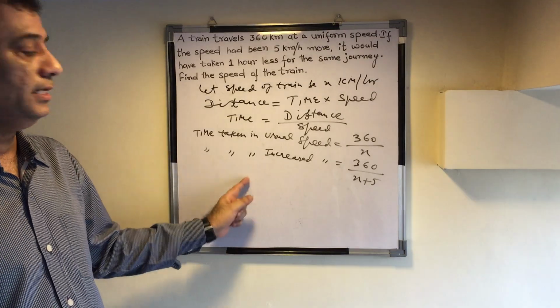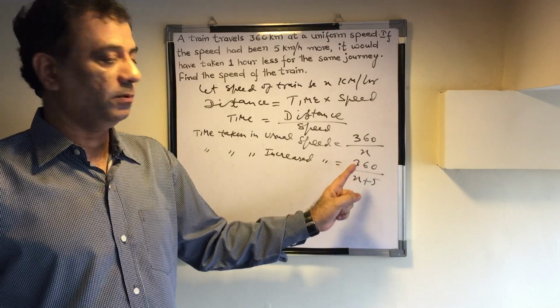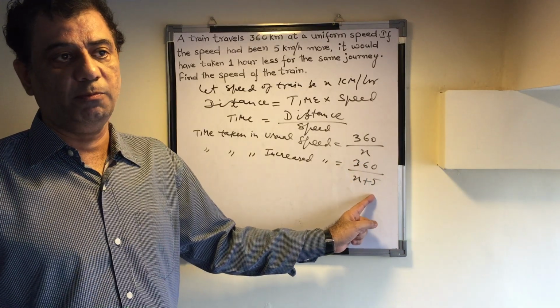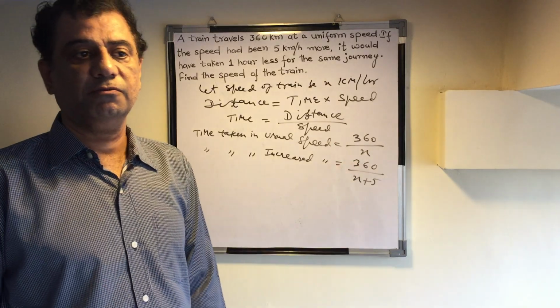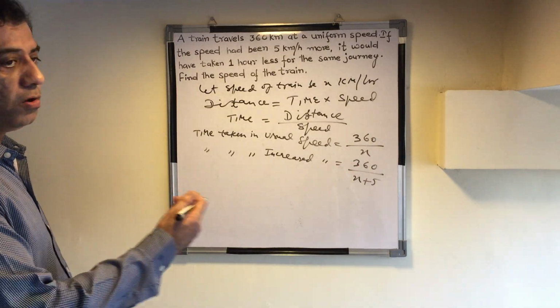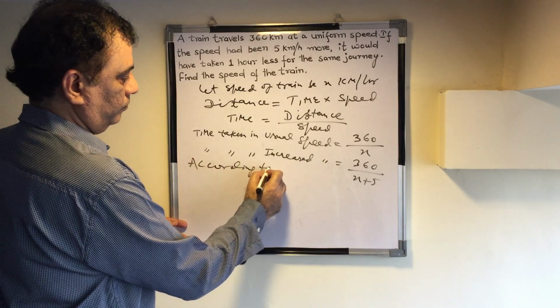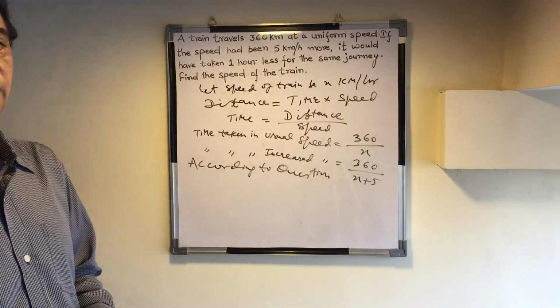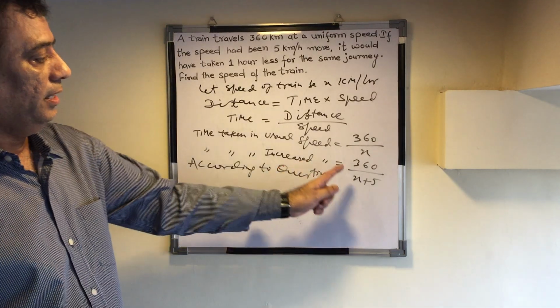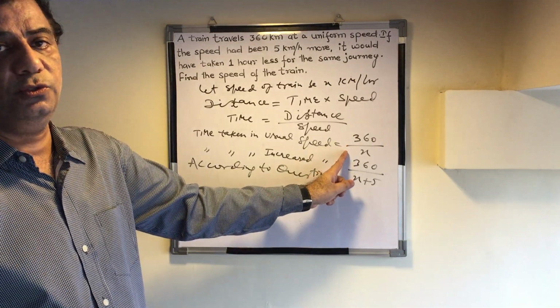This is the time taken in increased speed, that is distance upon speed plus 5 km/h, since the speed is increased: 360 by x plus 5. So now, according to the question, this is the time taken in case of increased speed, and this is the time taken in usual speed.